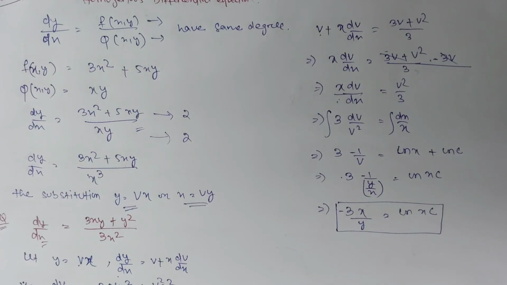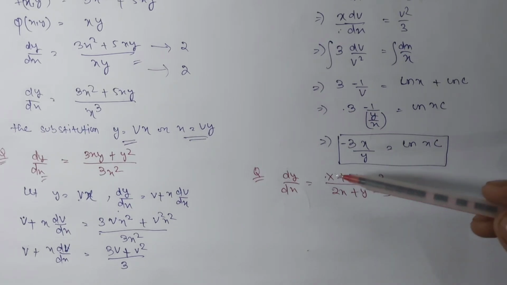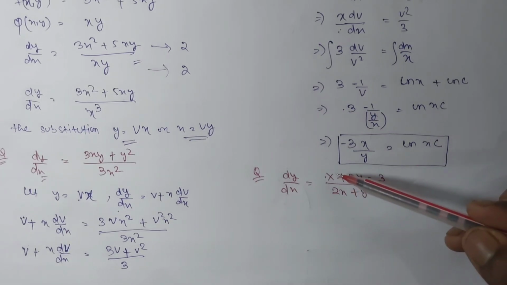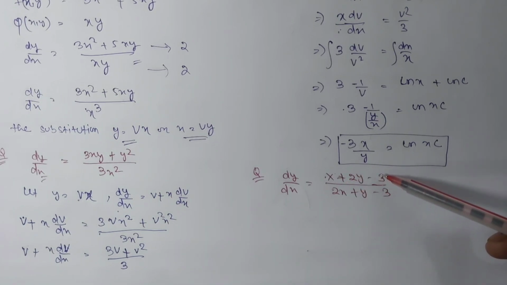And if a boundary condition or initial condition is given, then we can still solve it. Now take another example. We can see that the upper side has power 1, but there is a constant term.